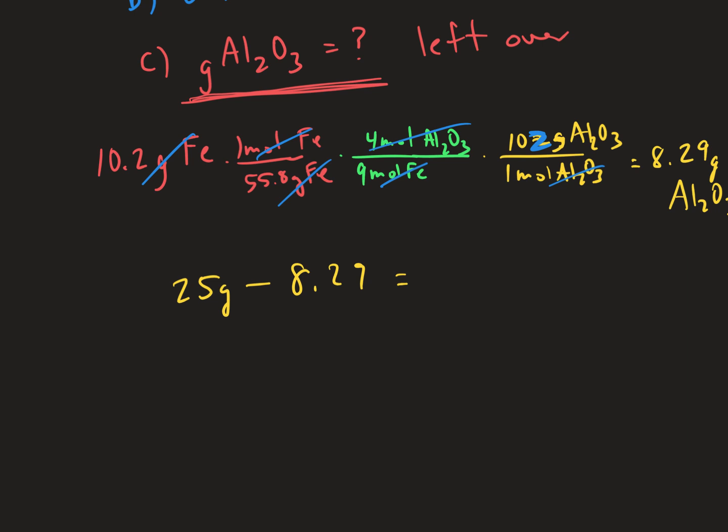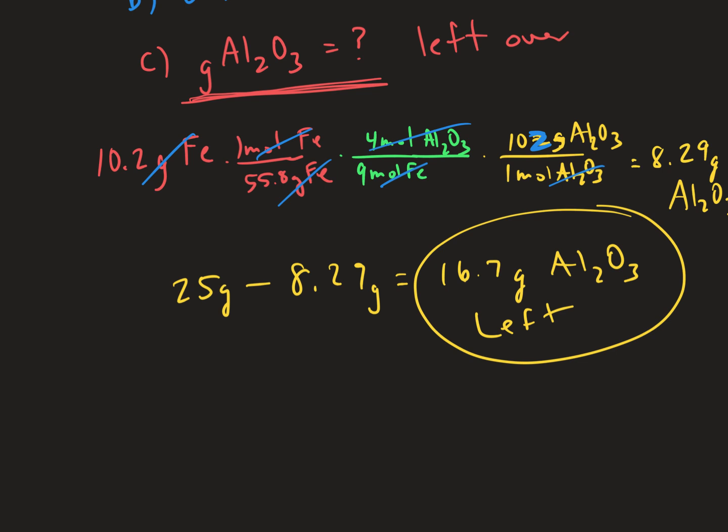What is it? Oh, that's a 9, sorry. So is it 16.7? Yeah, that's correct. 16.71 grams of aluminum oxide left.